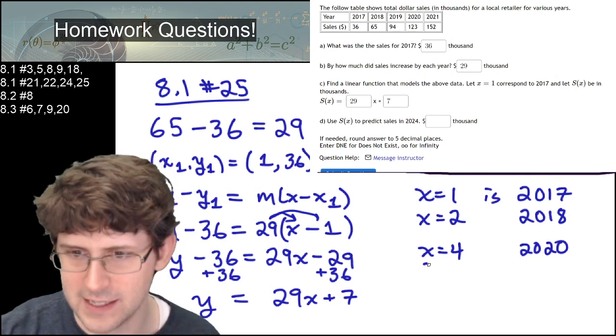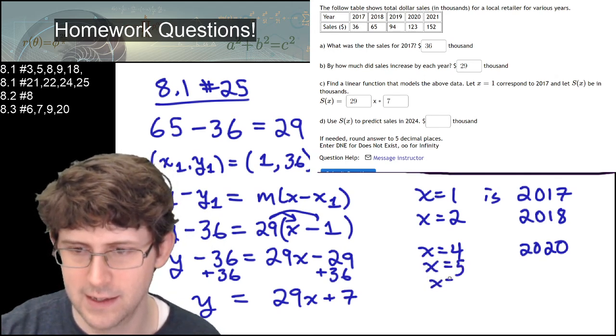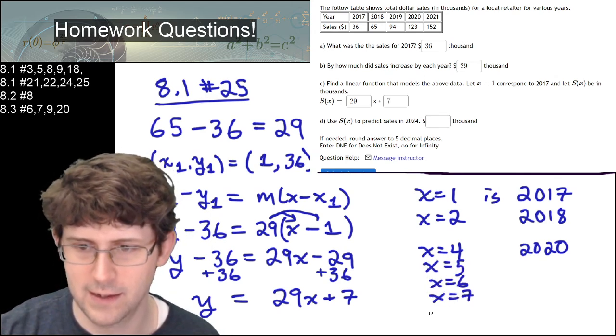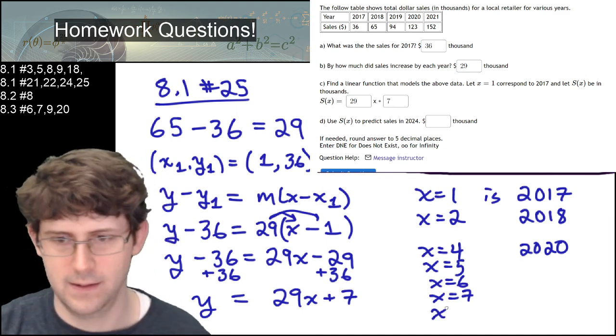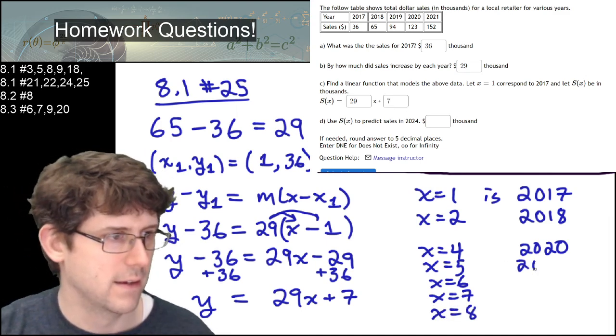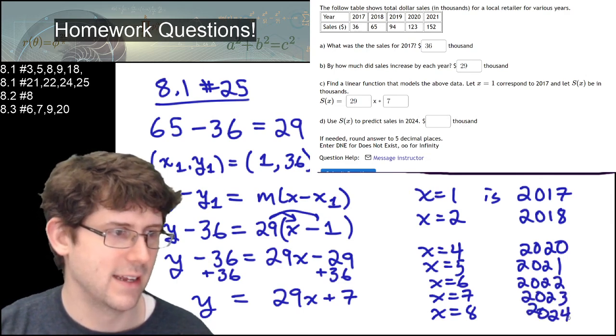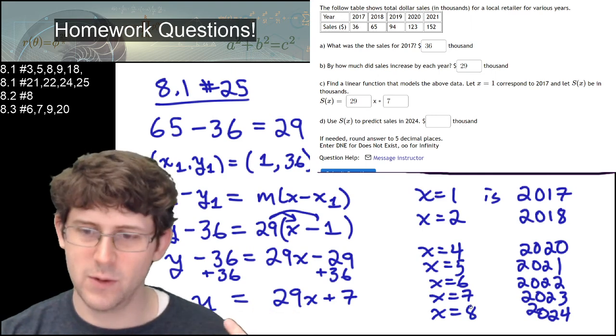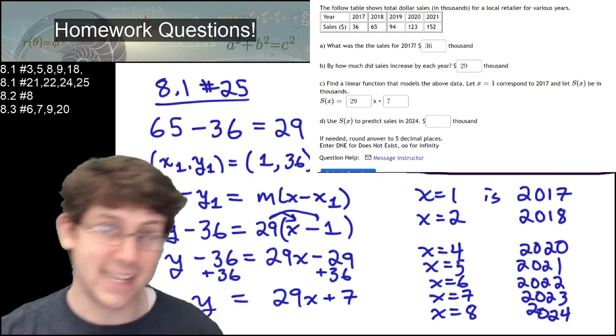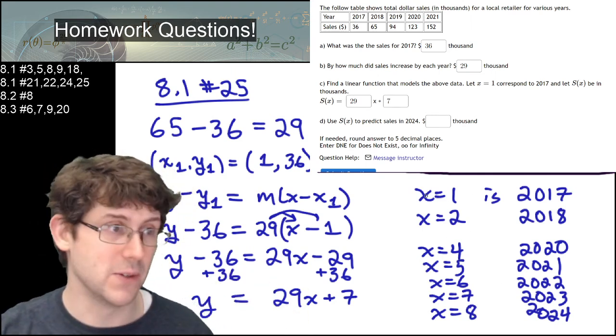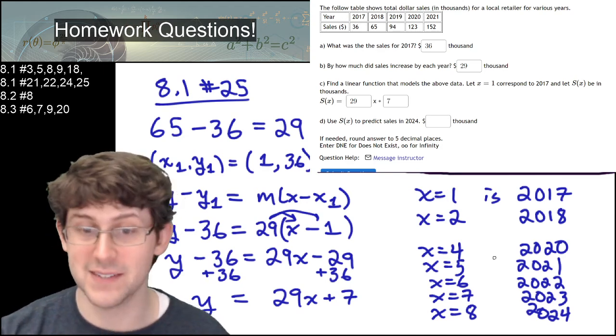Let me see if this works. The issue is just that x corresponds to something other than exactly what the year is, because the problem told us that x equals 1 was 2017.